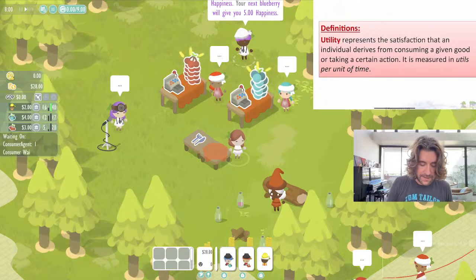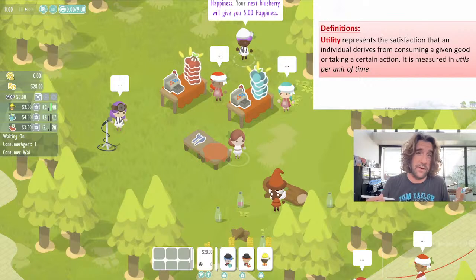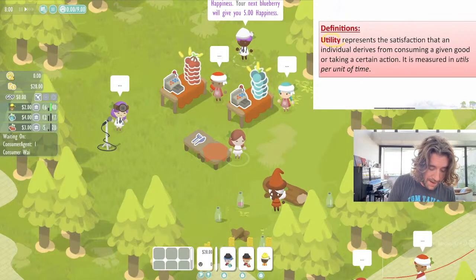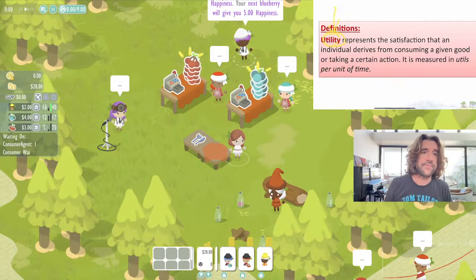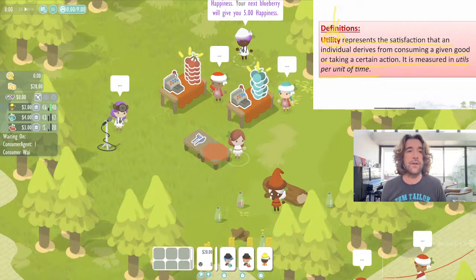In economics, the terminology that we use, or if you want, the jargon that economists use, is to refer to happiness as utility. So utility represents the satisfaction or happiness that an individual derives from consuming a given good or taking a certain action. It's measured in utils per unit of time.